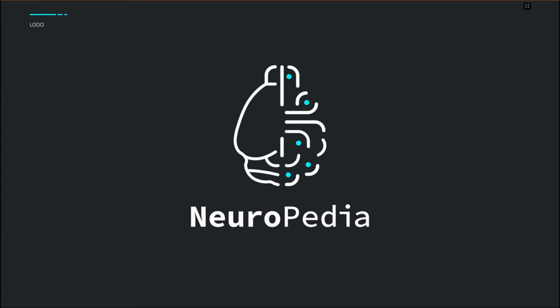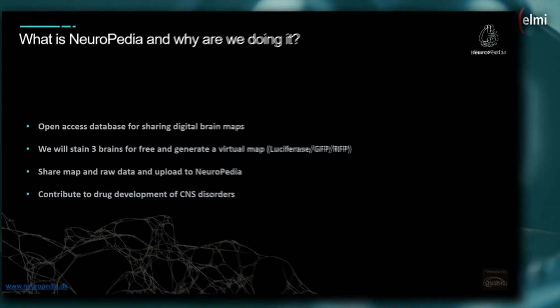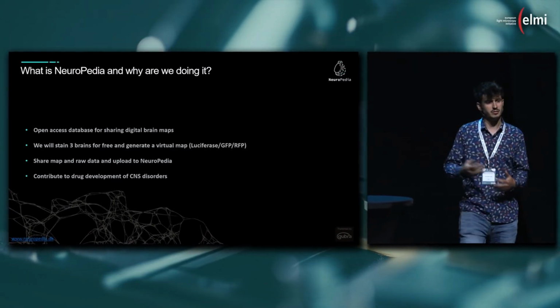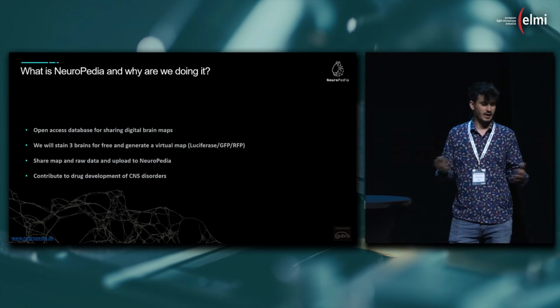Finally, I will talk to you about Neuropedia: what is Neuropedia, and why should we care about it. Neuropedia is our open access database for sharing digital brain maps. We are always confronted with a lack of information to take decisions, in particular in preclinical drug discovery, but also in academic life.